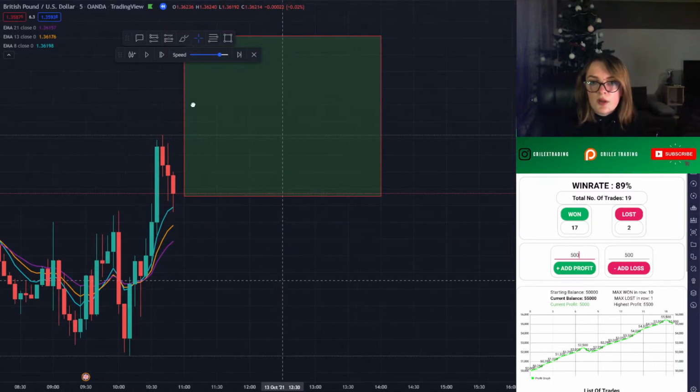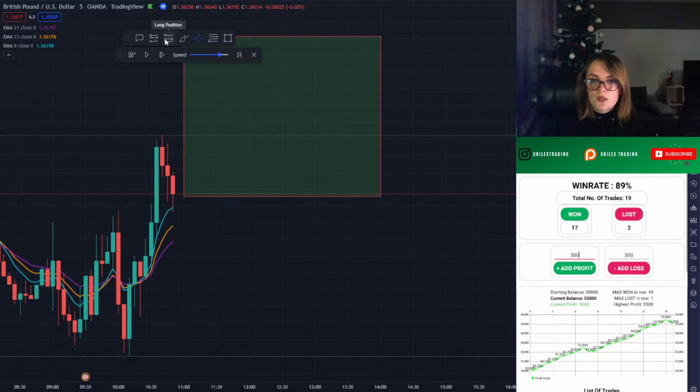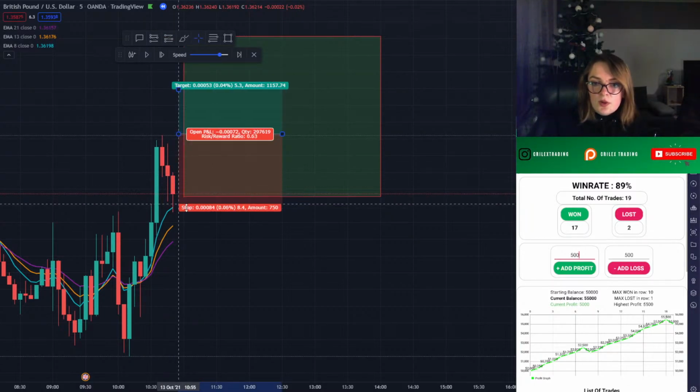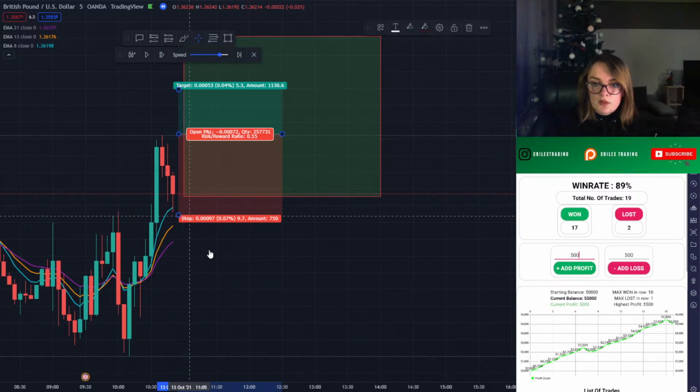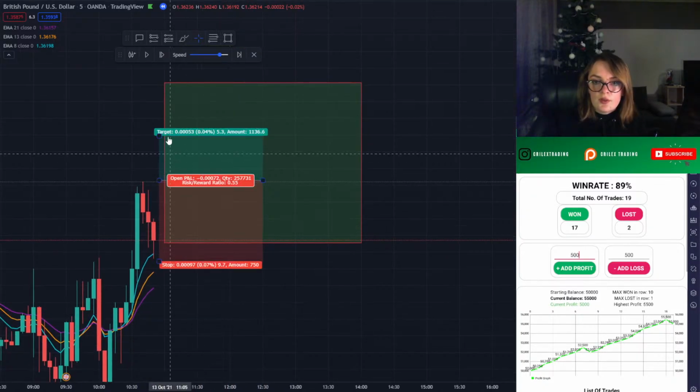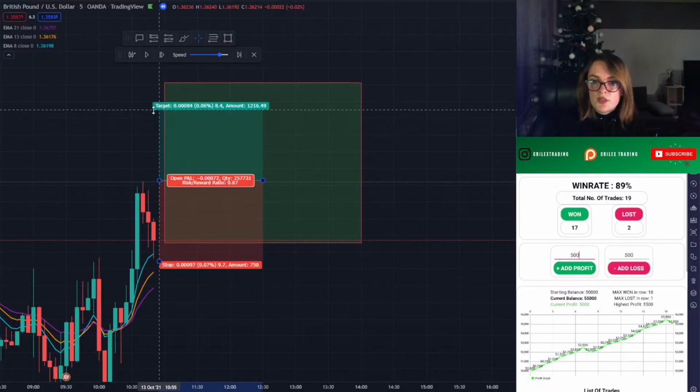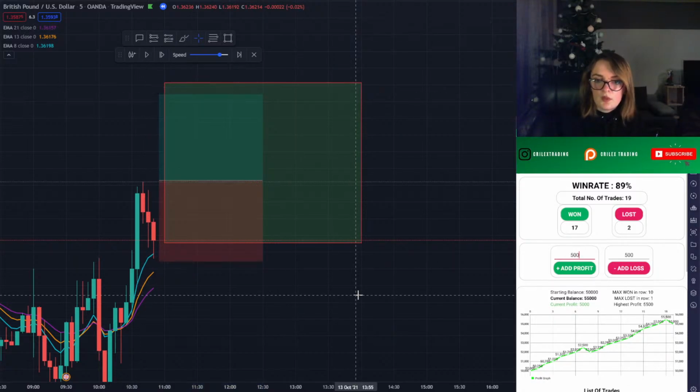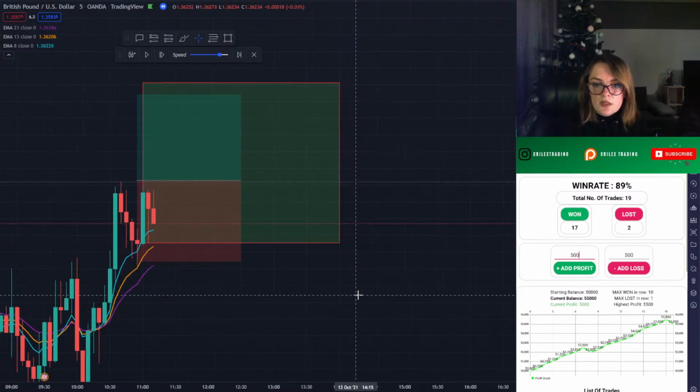And that's it. So I am going to place our buy stop above this wick, and the stop loss below the wick that made this retouch on the 8 EMA, and the first target at 1:1 risk reward ratio. And let's see if we get triggered.